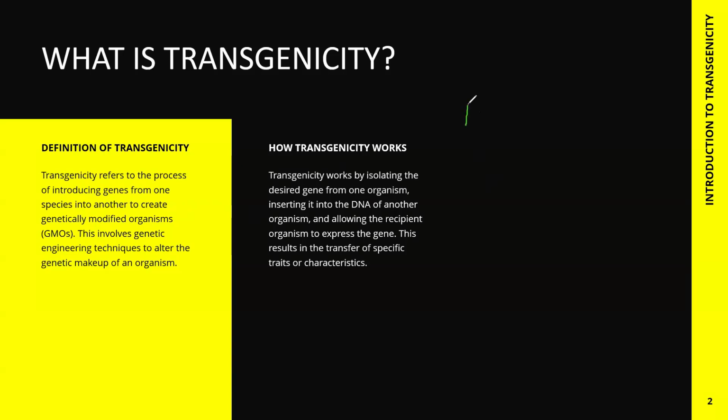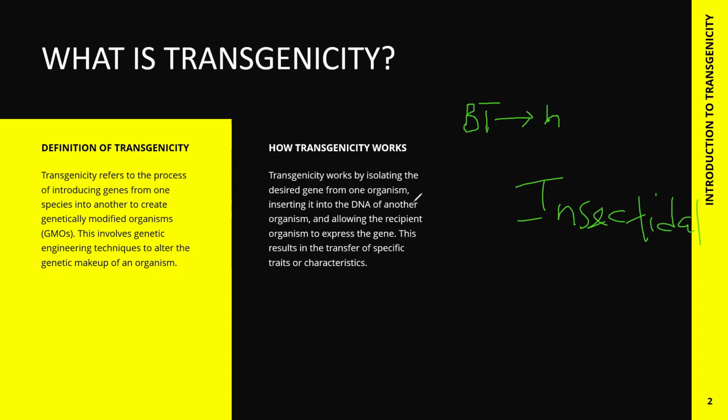There is one bacteria called Bacillus thuringiensis, that is the BT organism, and it is known that these organisms have insecticidal protein in the bacteria.